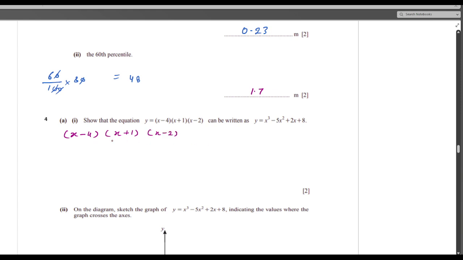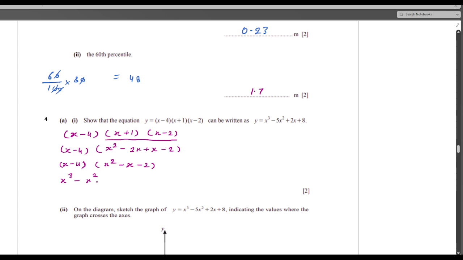Now first I will solve these two brackets, it's your choice. So x minus 4 I will keep as it is. Now here if I expand it, it is x square minus 2x plus x minus 2. So this will give you x minus 4 times x square minus x minus 2. Now I open this bracket, so it is x cube minus x square, multiplying x first with all these three terms.